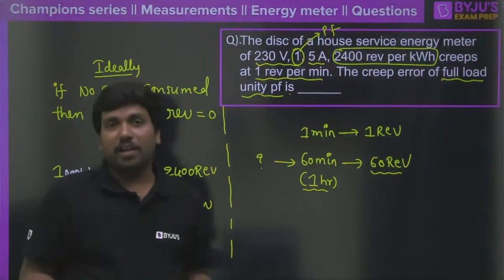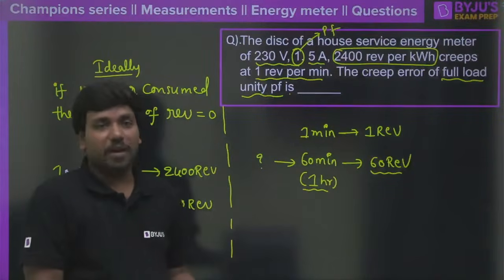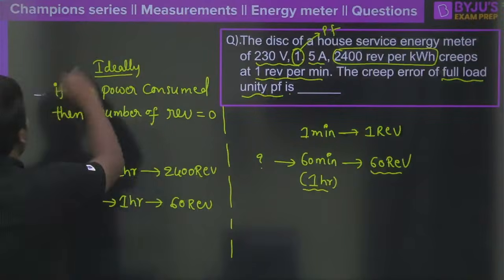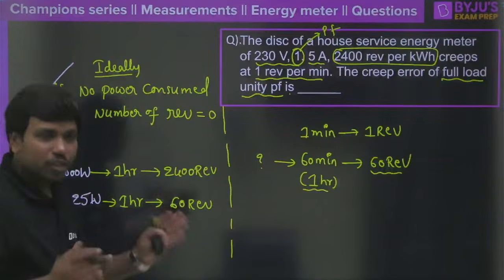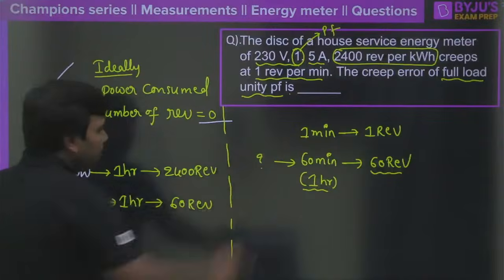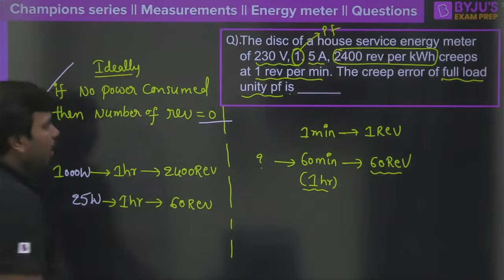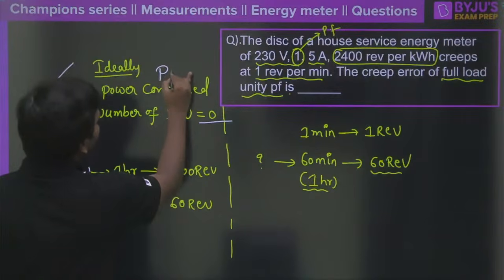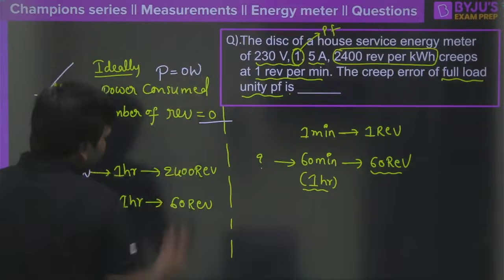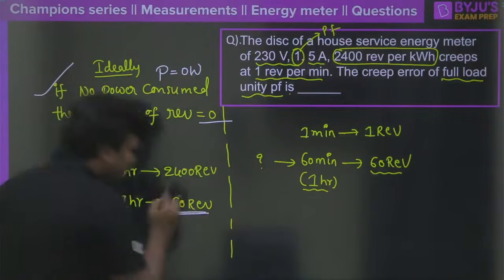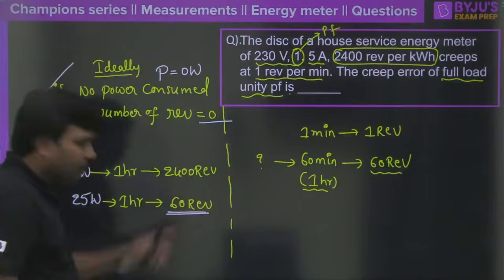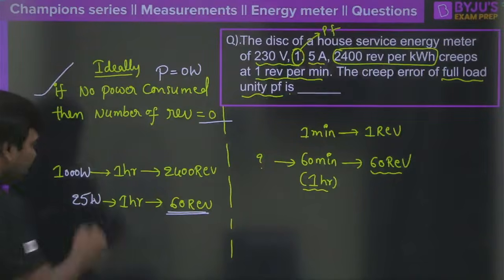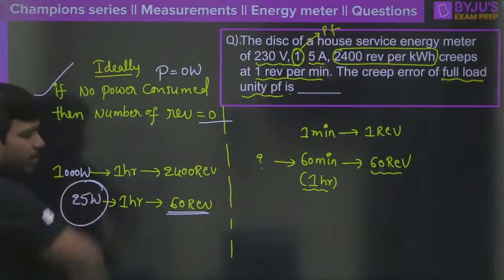Honestly speaking, it will not consume any power. Why? There is no power consumed by the load. It is switched off. Ideally, it should make 0 revolutions. Correct? Because the true power consumed here is equal to 0 watt. But as the disk is making 60 revolutions in 1 hour because of creeping, it shows that the power consumed is 25 watt.